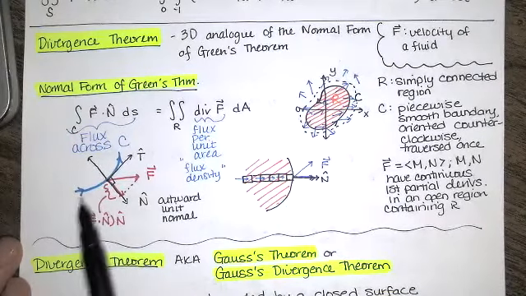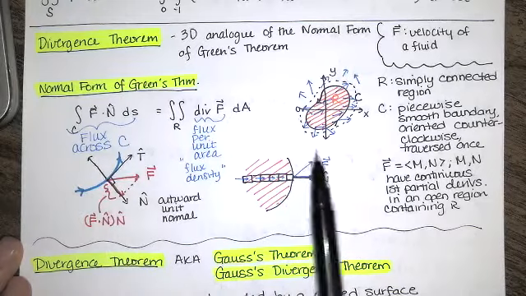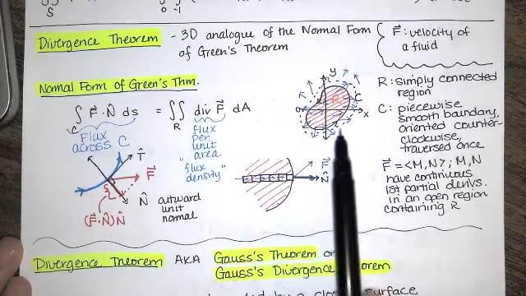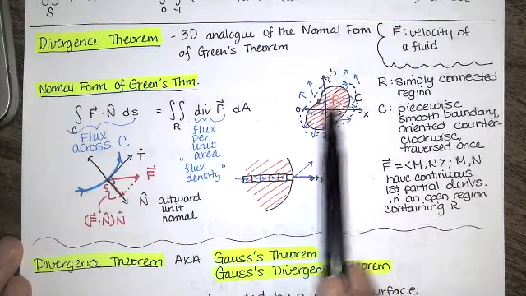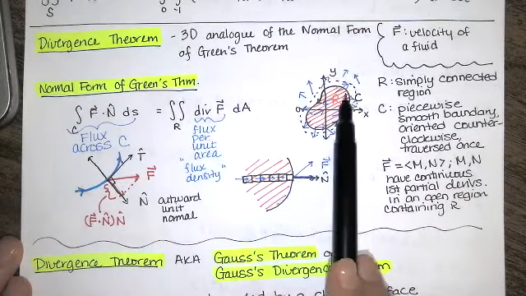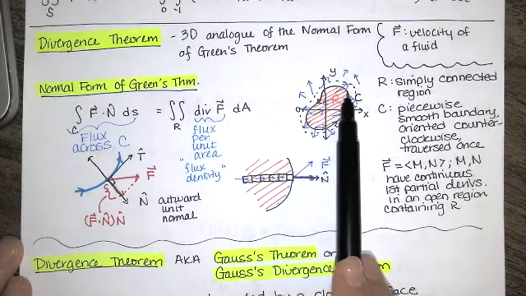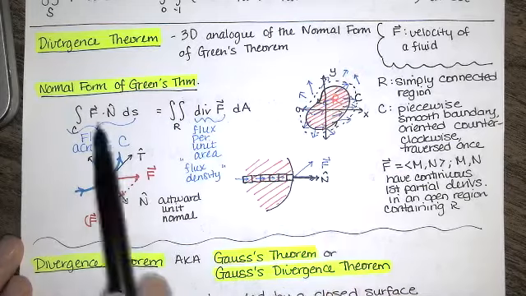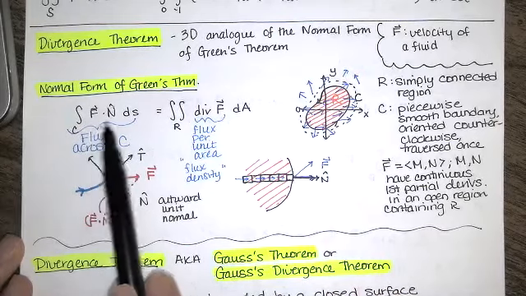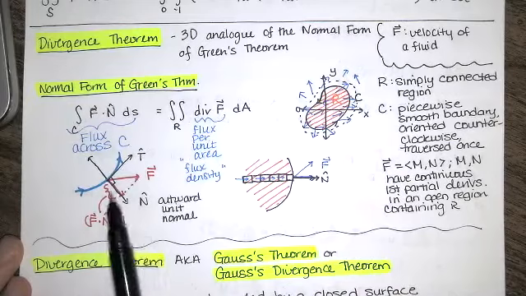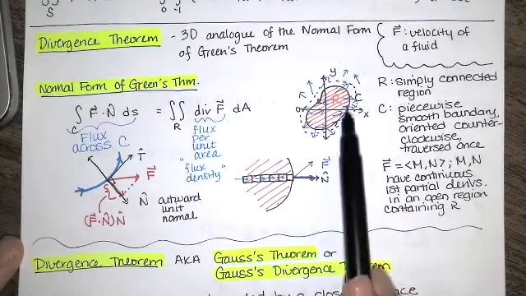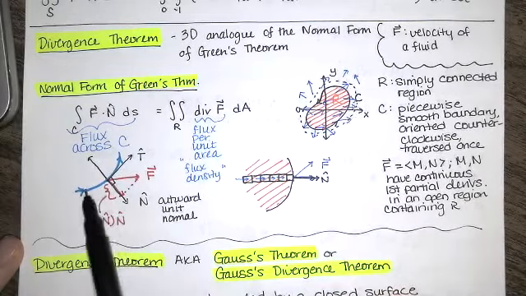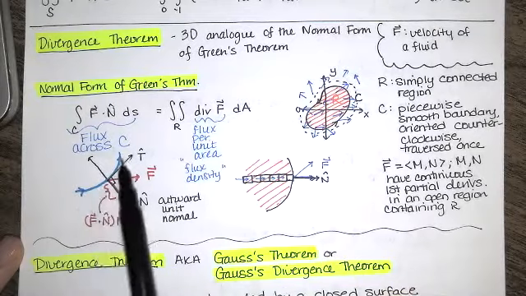So let's think about this a little bit more. I'm going around this curve, and at every point on the curve, I've got a fluid velocity there. Now, at each point, I want to take the dot product of F with n hat, and n hat is the outward unit normal. So let's say we're on just a little part of the curve like this. So this is C.